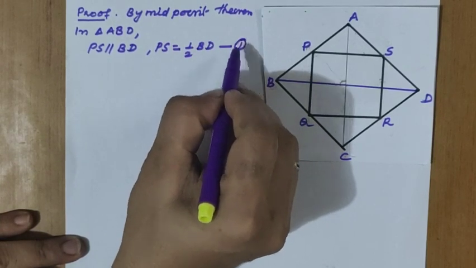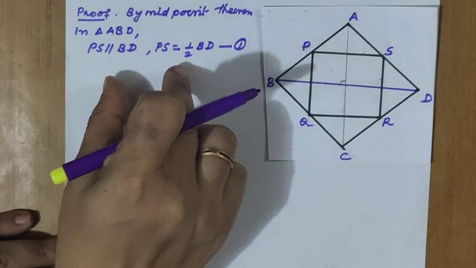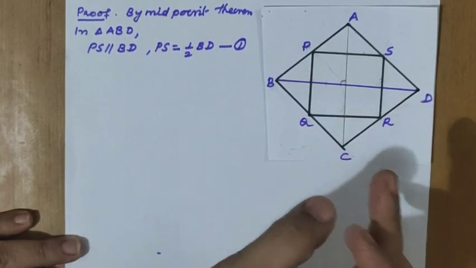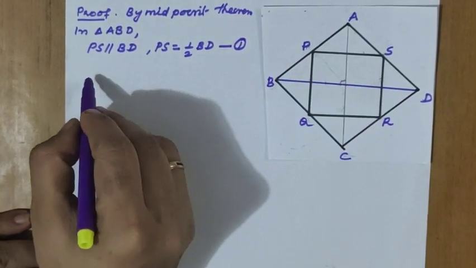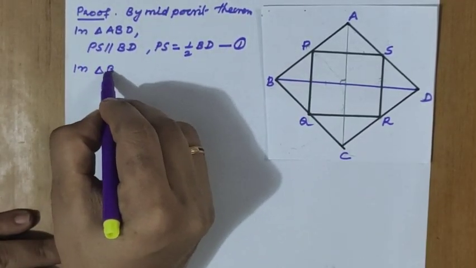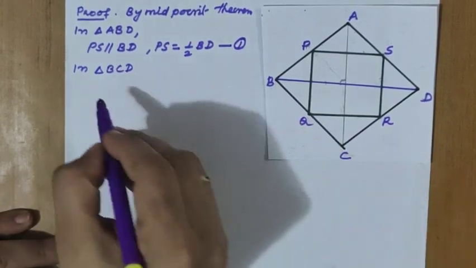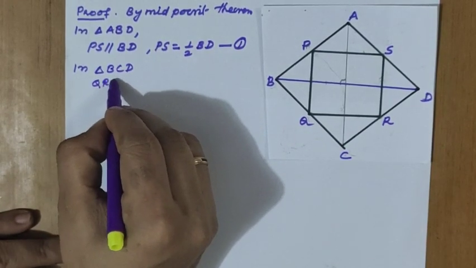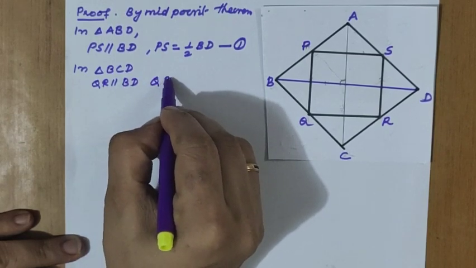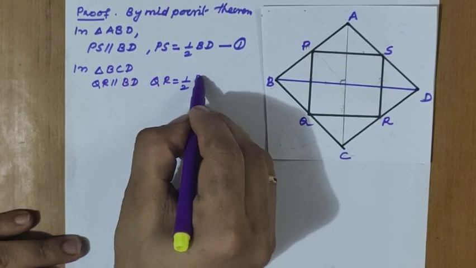Equation number 1. If you are not able to follow the proof, go to exercise 8.2, question number 1, that means the last video. Now the second triangle is which one? The BCD. In triangle BCD, the same rule we are applying. QR parallel to BD, QR equal to half BD.